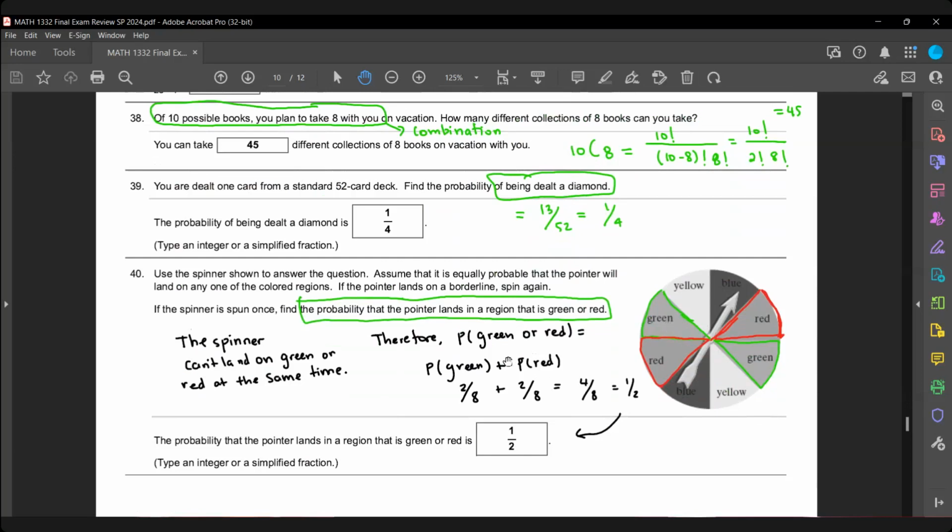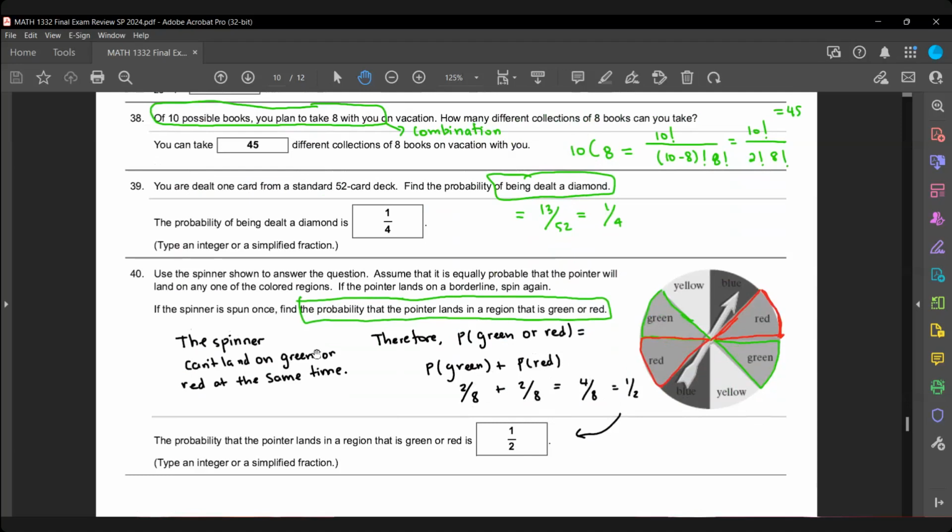So in order to find the probability, I need to find the probability that the spinner will land on green. That is 2 out of the 8 possible options, plus the probability that it lands on red, also 2 out of 8. When we add fractions, if they have the same denominator, which they do here, we add the numerators, so that becomes 4 over 8, which reduces to 1/2.